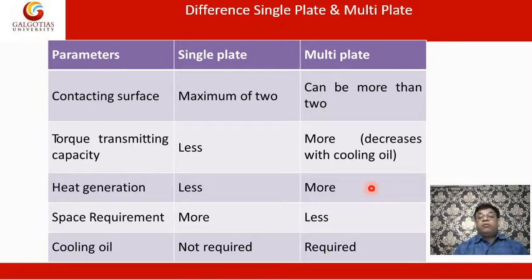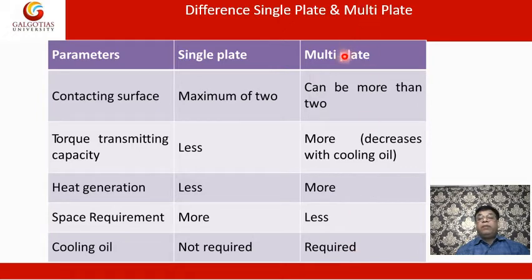So we have to use some coolant for cooling the plates and discs. So the cooling oil is required in the multi-plate clutch, but at the same time the problem is that because of the cooling oil, the torque transmitting capacity reduces.